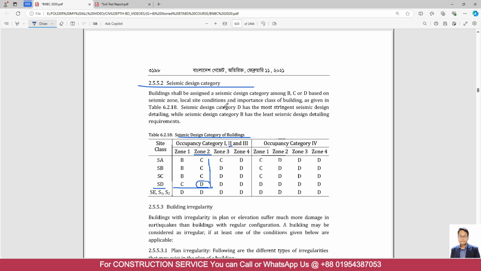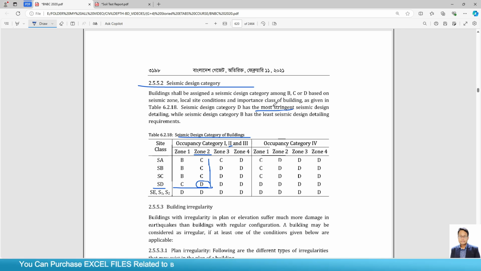We have already seen this table. Now seismic design category D has the most stringent seismic design detailing. That means you have to confirm the strongest, or stringent, seismic design detailing for seismic design category D, while seismic design category B has the least seismic design detailing requirements.